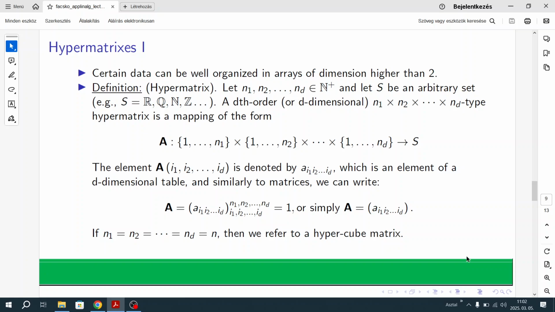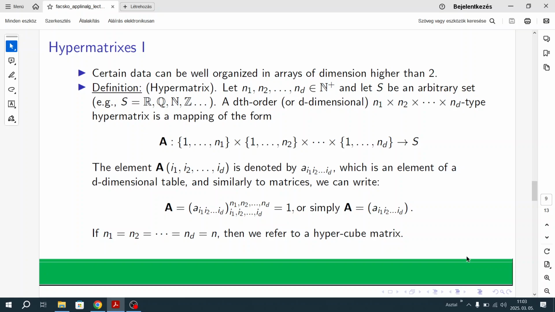The definition of a d-dimensional or d-order hypermatrix is the following. You have n1, n2, and so on up to nd. These are the numbers of the elements in rows, columns, other columns, hypercolumns. I don't know what their name is.